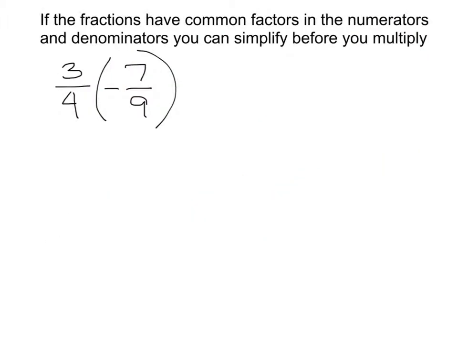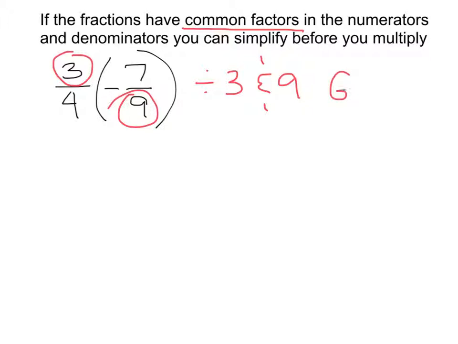If the fractions have common factors in the numerators and the denominators, you can simplify before you multiply. So when we're looking at this example, 3/4 times -7/9, we can see that the 3 and the 9 have common factors. So you're going to divide the 3 and the 9 by their greatest common factor, which is 3.